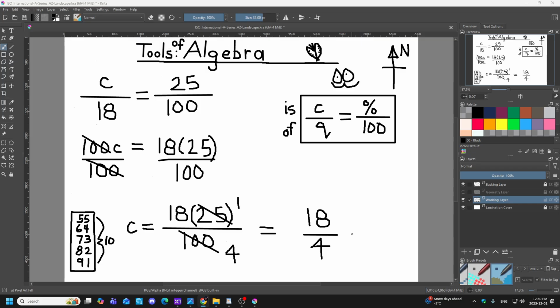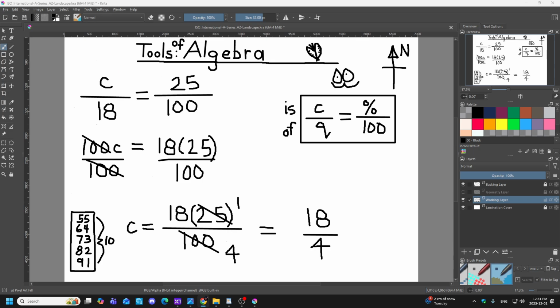I don't know if my mouth is faster than my brain, or is it my brain faster than my mouth? I don't know. Okay, I think it's kind of an odd answer here. Imagine we're going to end up with a decimal, right?